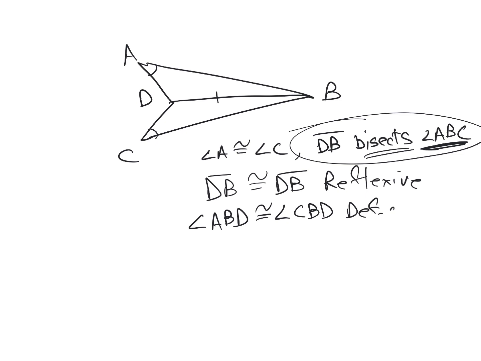Definition of bisector. Okay? So we can mark that, and that's the second angle, so we use 2 arcs for showing those two. And now we have enough. Triangle ABD is congruent to triangle CBD.